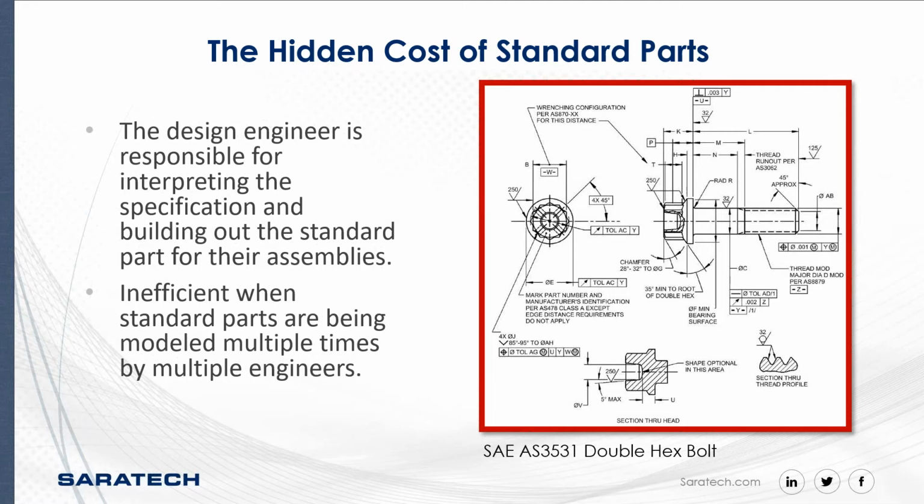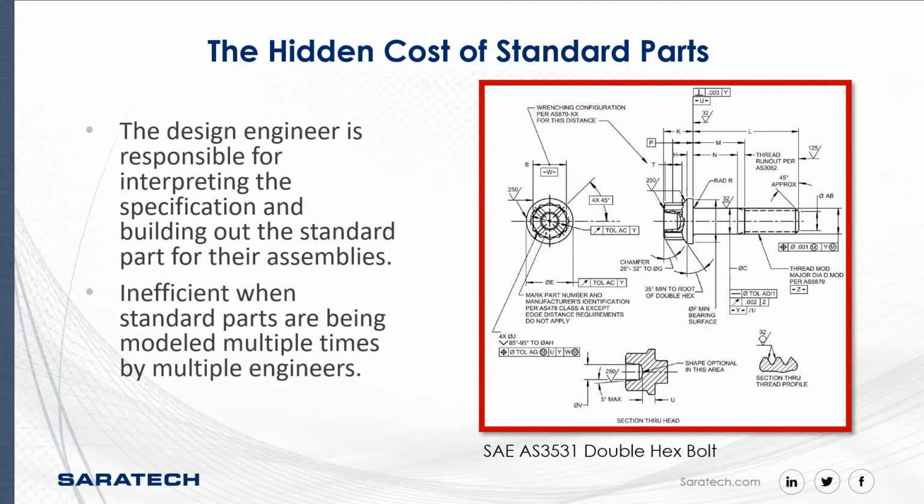If there's no established shared space where engineers can pull from these standard parts to be reused by more engineers than just the one who created it for their model or assembly, the company runs into the hidden issue of the same part being modeled out multiple times by multiple engineers within the same company. And this causes a lot of inefficiencies in time and productivity.